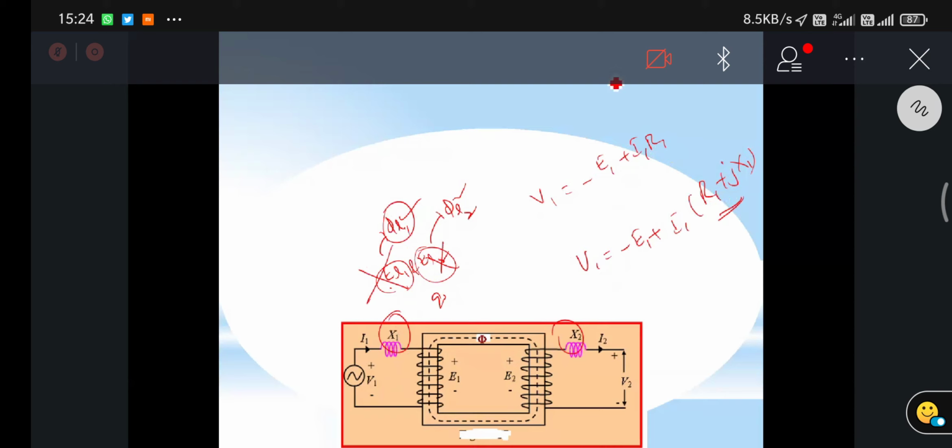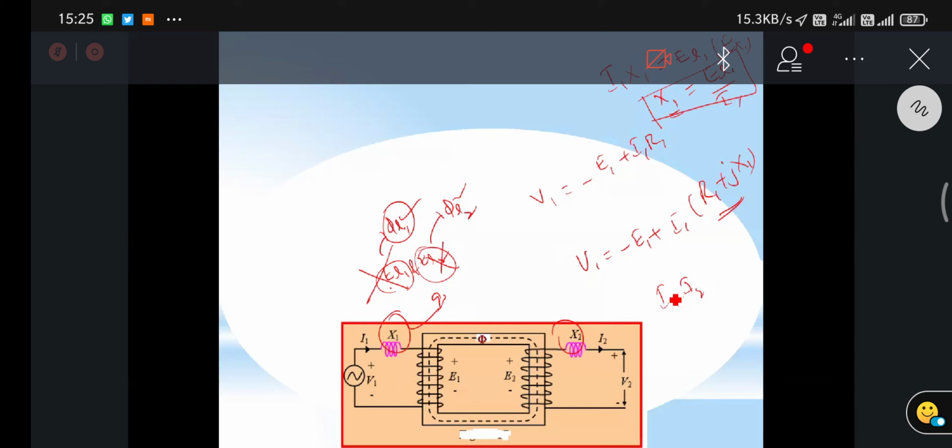But how to get this? Generally we have I1 X1 equal to EL1, or EX1, so X1 equals EL1 by I1, where X1 is nothing but the leakage reactance of the primary. Similarly for I2 X2.